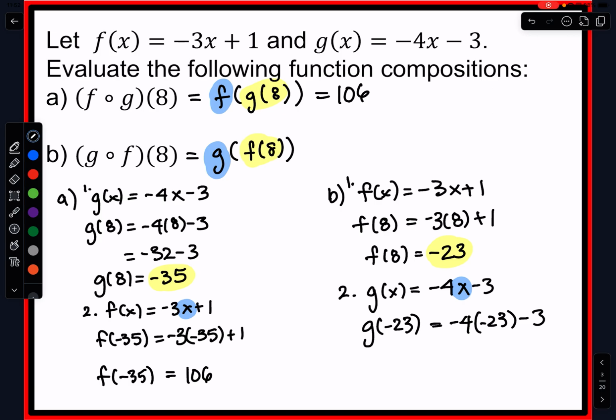That's going to be a total of 92. Positive 92 minus 3 is 89. And that will be again the value of this composition.